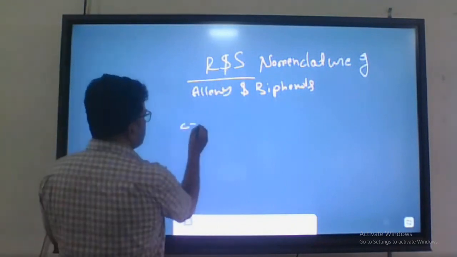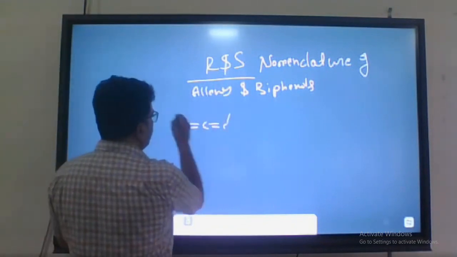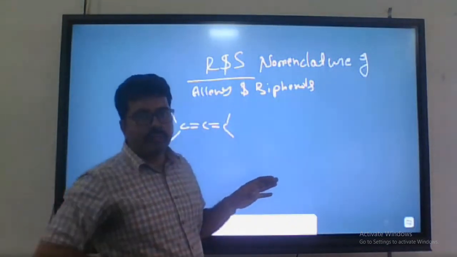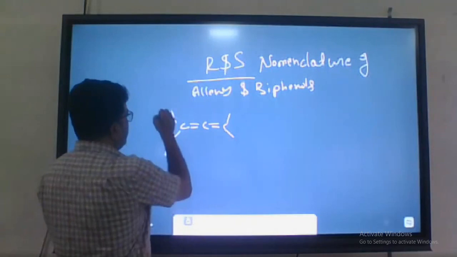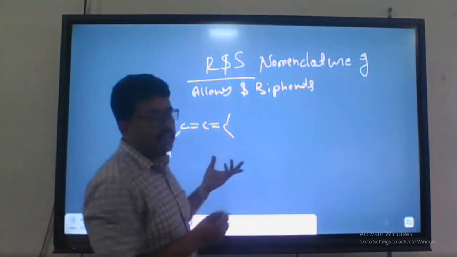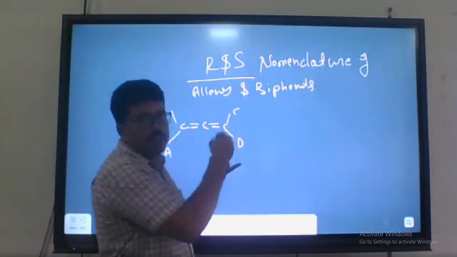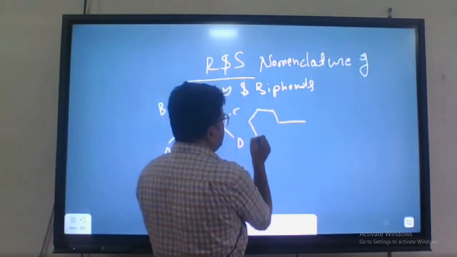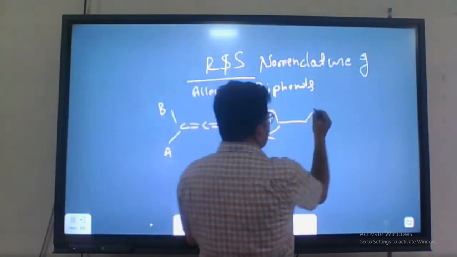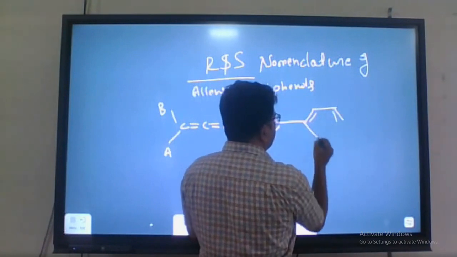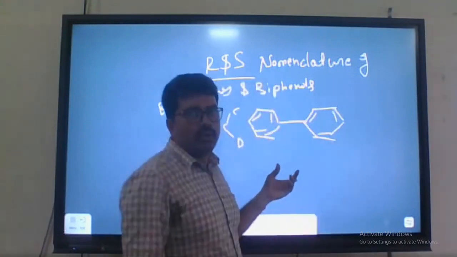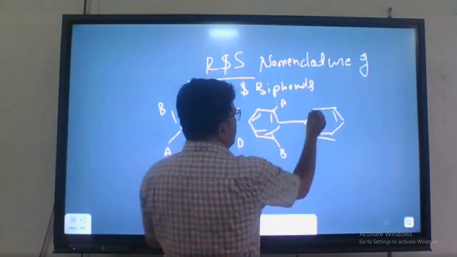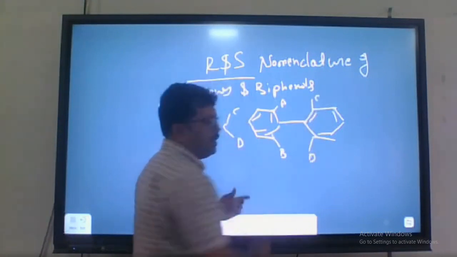See, this is the molecule, this allene. This is A and this is B, and next this is C and this is D. This is the allene molecule. And for the biphenyl, this is substituted A and this is B, C, and this is D.